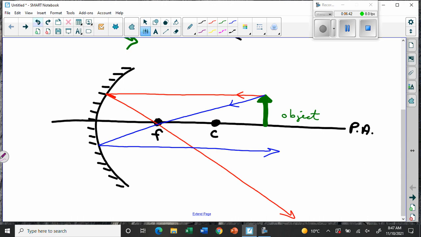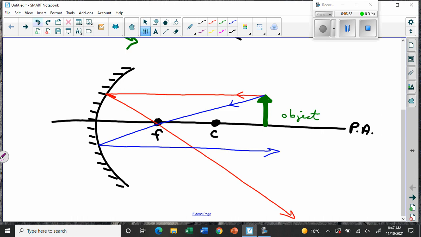Now, what's interesting is if we do the same thing from the bottom of the arrow, we end up with that weird situation. Remember we said that anything that's on the principal axis, all of the rules result in the same scenario.